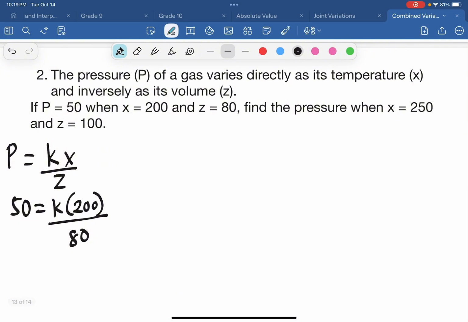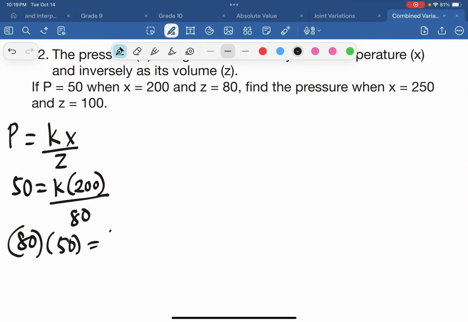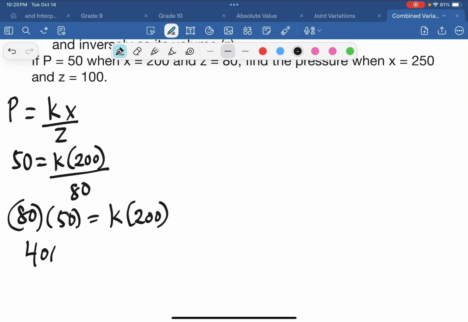Now, 80 times 50. So let's cross multiply. So 80 times 50 equals K times 200. 80 times 50 is 4,000 is equal to K times 200.